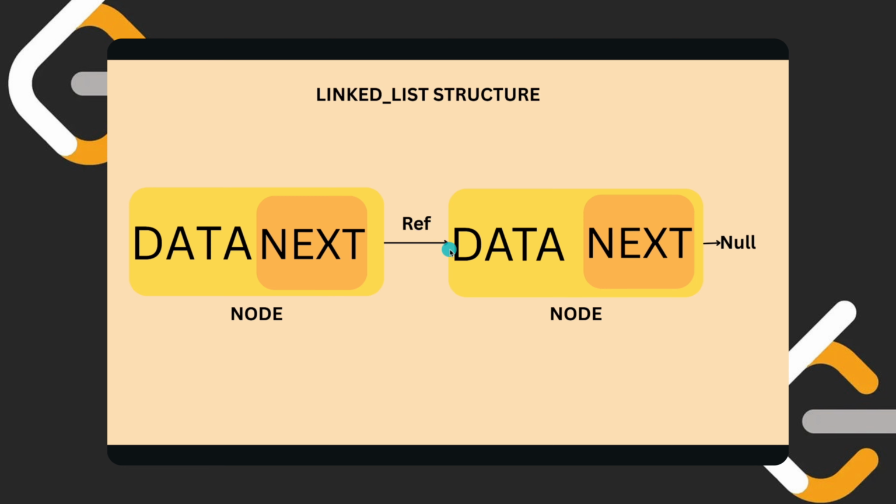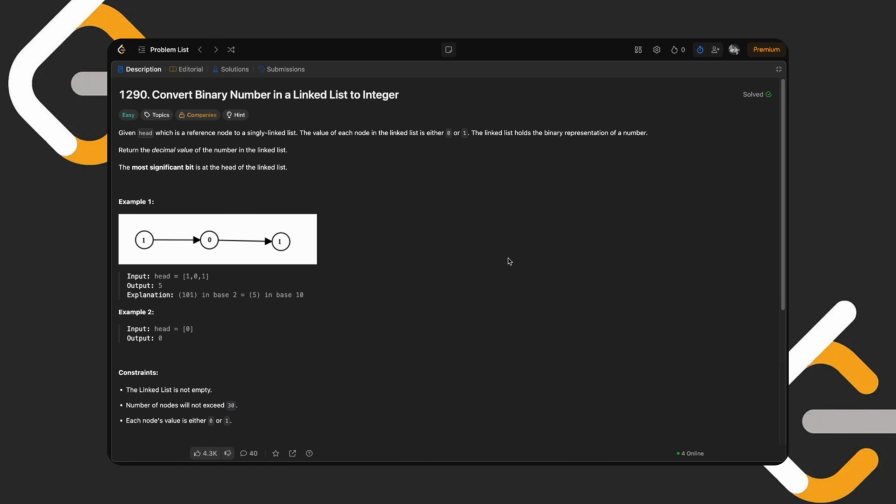And this arrow is termed a reference, which links the previous node as well as the next node. So these nodes keep increasing, and at last the final node points to null. The first node is said to be the head node, and the data inside the node is called val over here. So with this we will try to solve this problem.